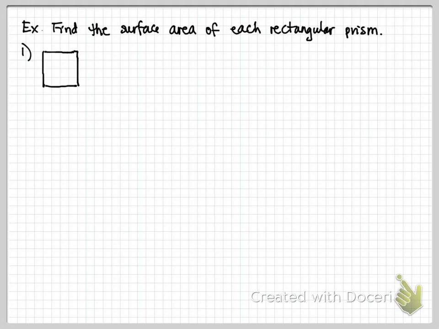So this is 7 meters by 6 meters. Okay. And we're going to say this is 6 meters by 8 meters. And this guy, we're going to have to figure out.